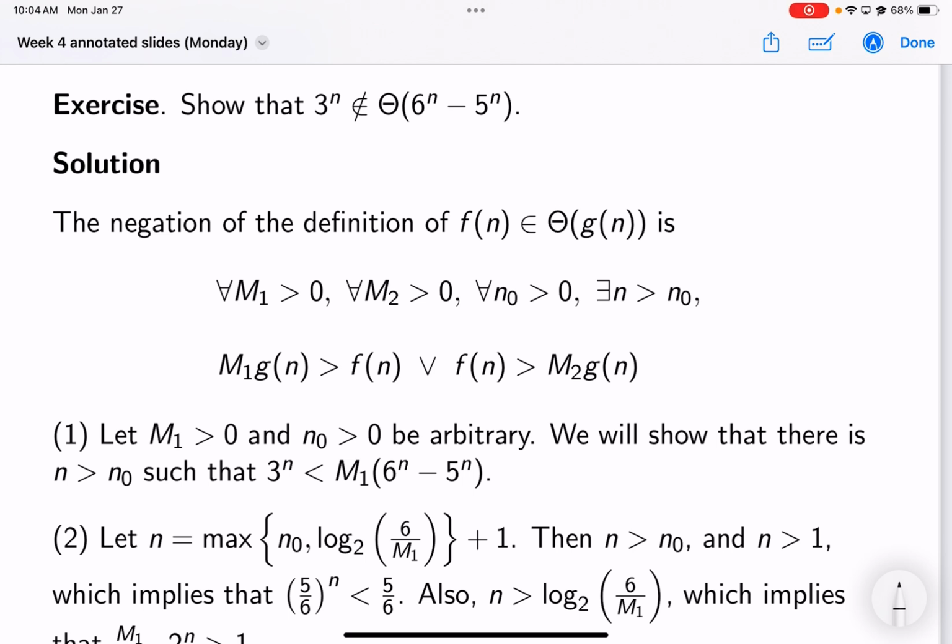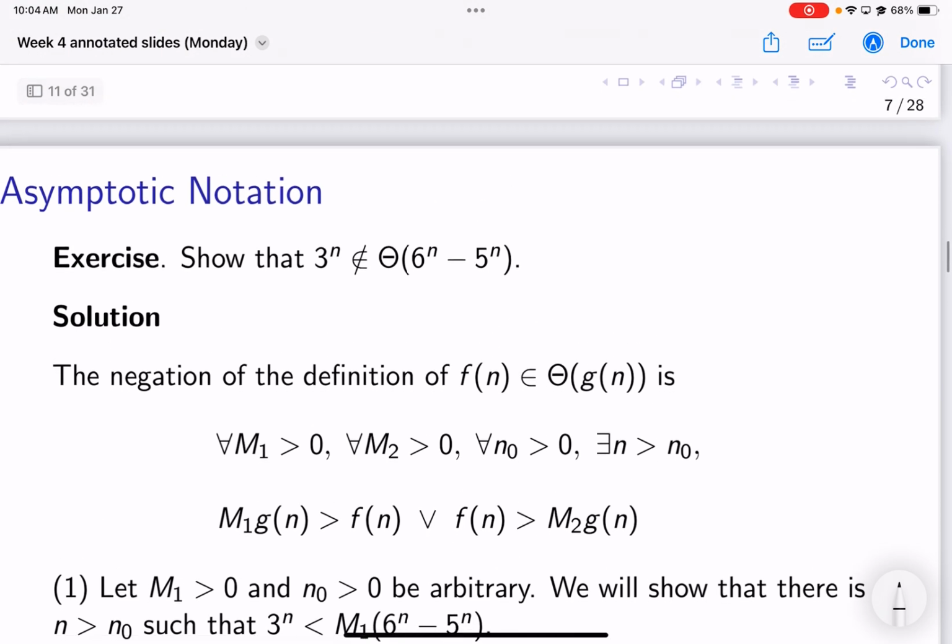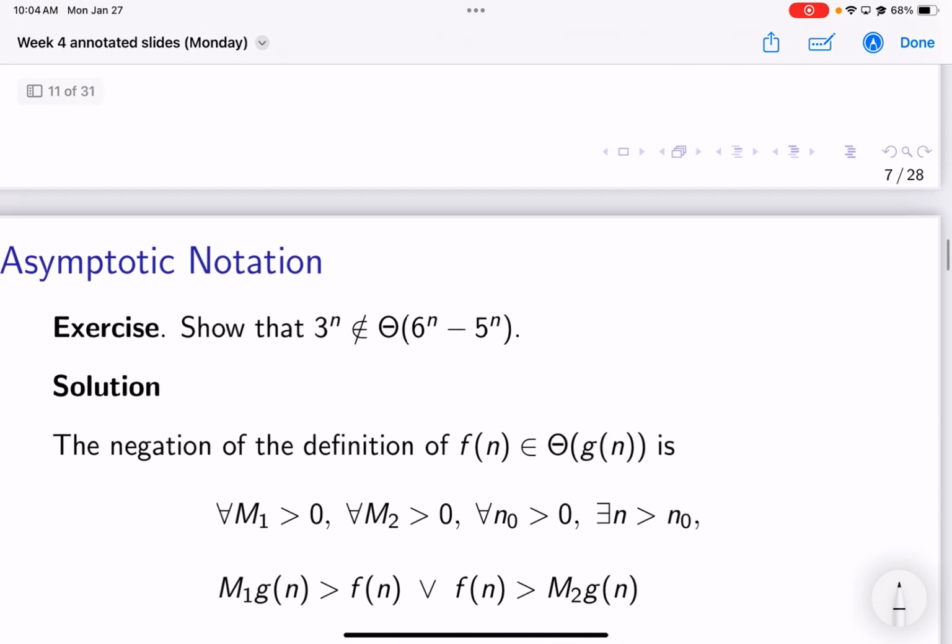So we negate the definition of big theta again. For all m1, m2, and n naught, there exists n such that either m1 g of n is greater than f of n, or f of n is greater than m2 g of n.